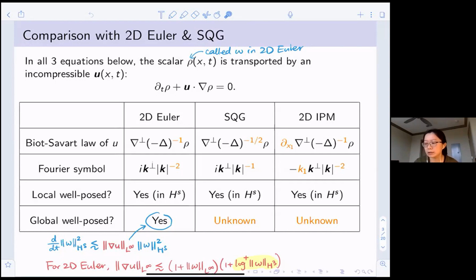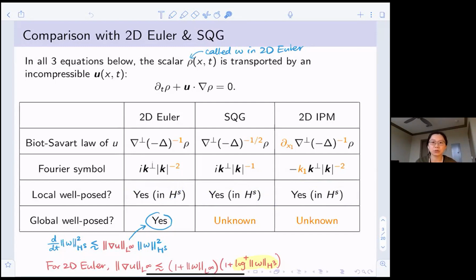So regarding the question: suppose we start with a sufficiently regular initial data in a high Sobolev space, does the solution live in this Sobolev space for a short time? The answer, by a rather standard argument, can be shown to be yes for all these three types of equations.